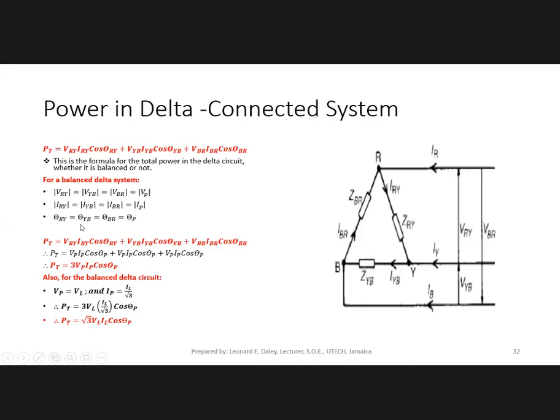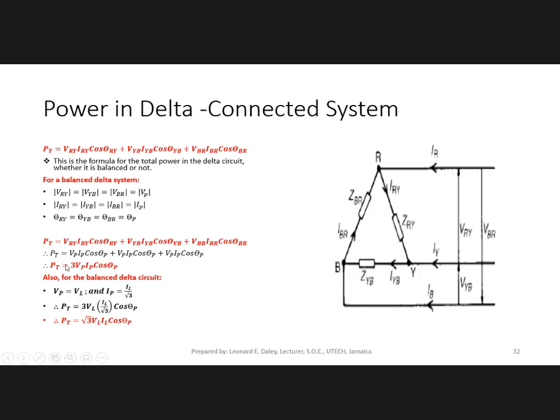For the balanced system, we're going to be substituting for the phase voltages in terms of VP, for the phase currents in terms of IP, and the phase angle between voltage and current phasors as theta P. So rewriting that, we get VP IP cos theta P plus VP IP cos theta P, and again.